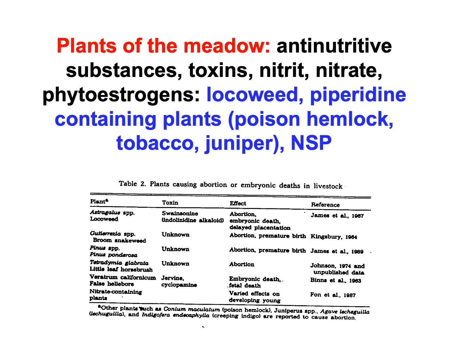Plants primarily provoking abortion include the locoweed, the piperidine-containing plants like poison hemlock, tobacco or juniper, and the NSP, the non-starch polysaccharides, for example of many seeds, including the soybean seed, which may contribute to the change of the microbiome and disturbance of the immune system and abortion.